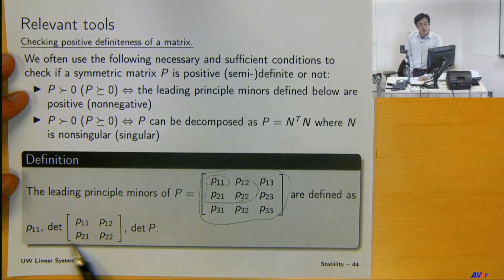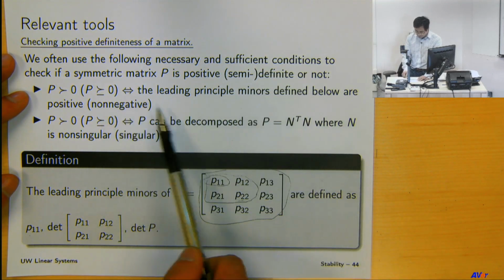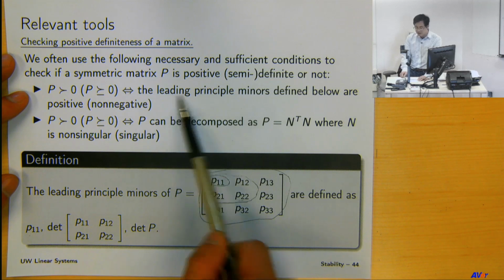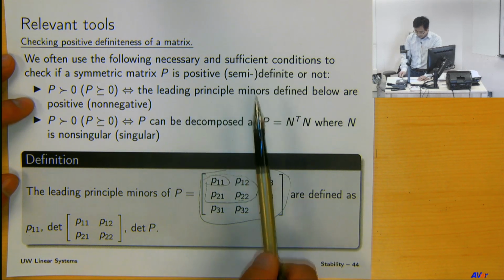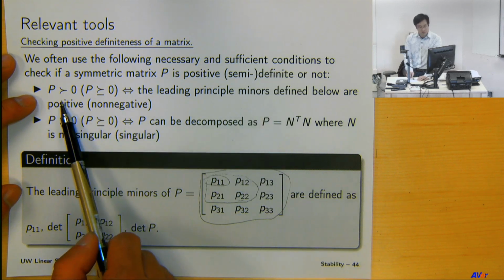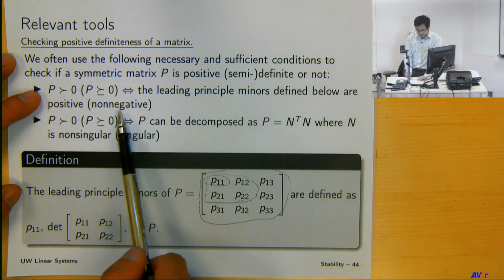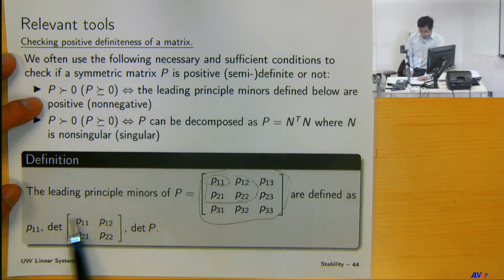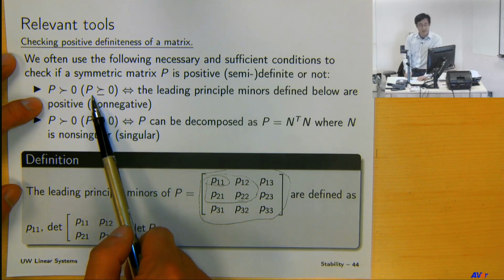So if you check all of them and they are all positive, these are called leading principal minors. If all these are positive, then this is positive definite. If some of them are 0, then it's positive semi-definite.